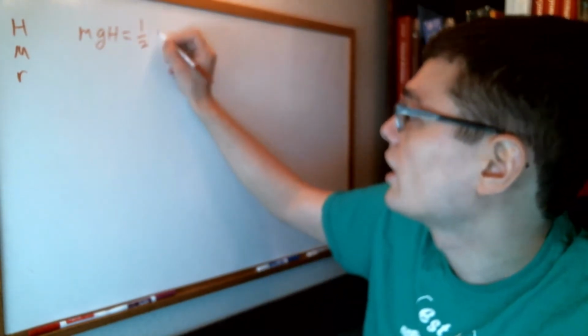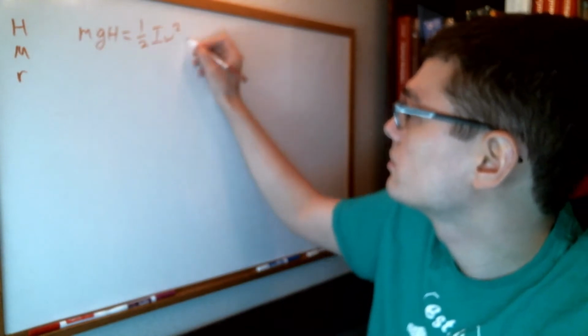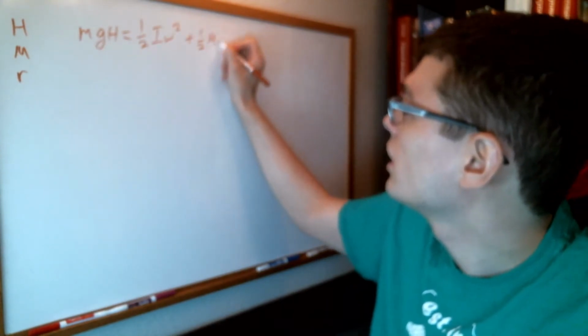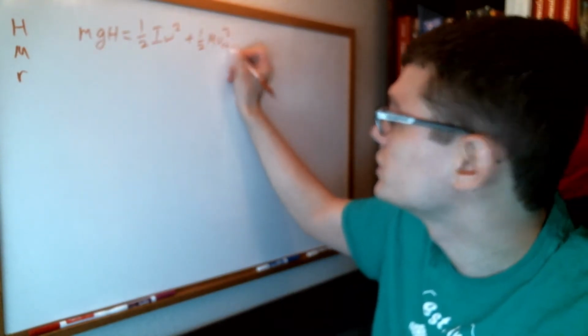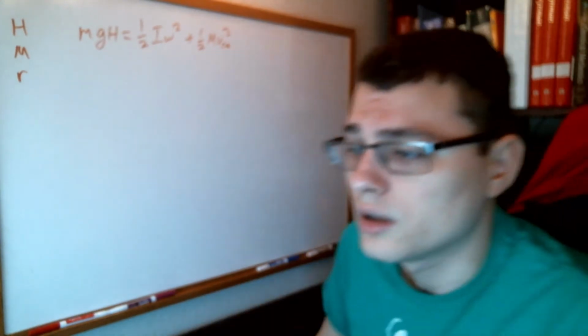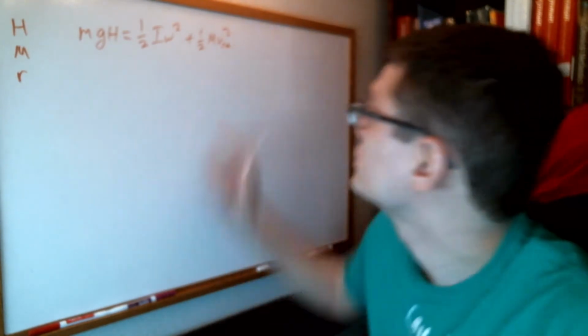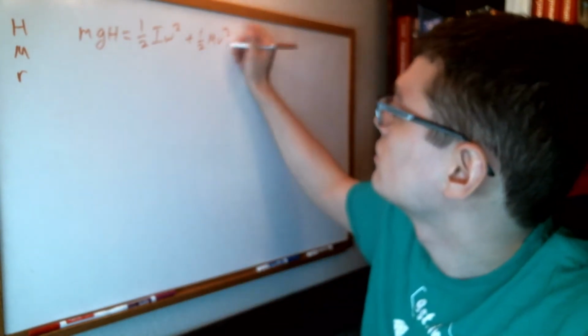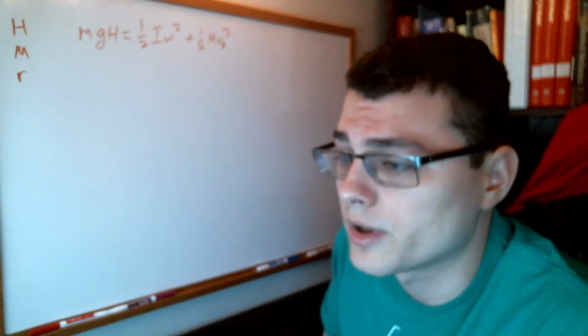So we have 1/2 I omega squared plus 1/2 mv squared. This is V_CM technically, or we could just say V_A because this is object A that we're talking about here.